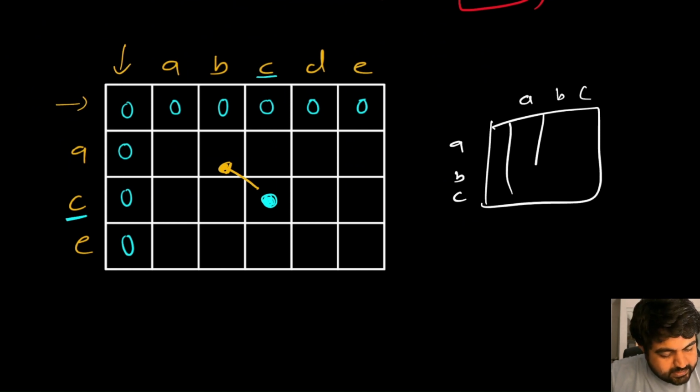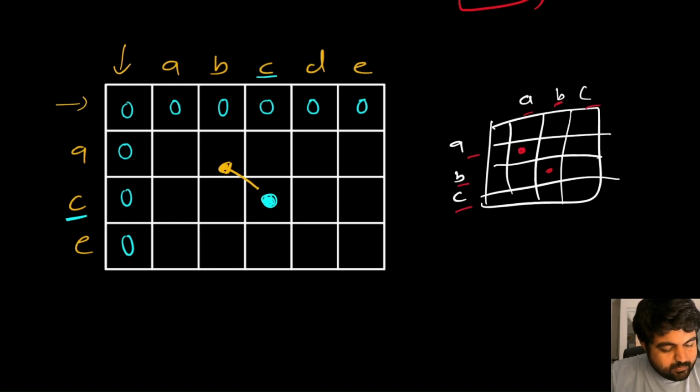So notice that for this particular square, the logic is quite straightforward. We are going to have a and a common at this place, then b and b common at this place, and then c and c common at this place, which means the longest common subsequence is directly represented by the diagonal value in the best case scenario. And this is the fact that we are going to exploit.